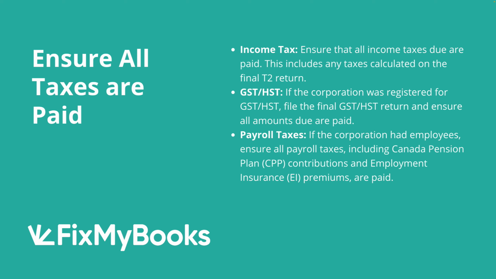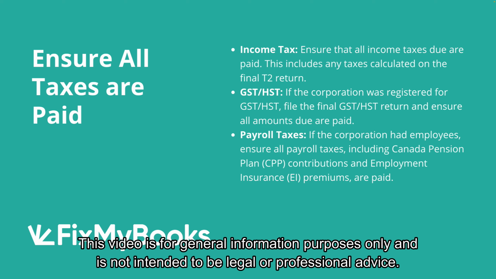Same with payroll taxes. Make sure all the employees are paid up, and all the other payments like the CPP and the EI are all paid up as well. And make sure that you file their T4s as well. So let's say you're closing the company on June 30 because that's your year end.